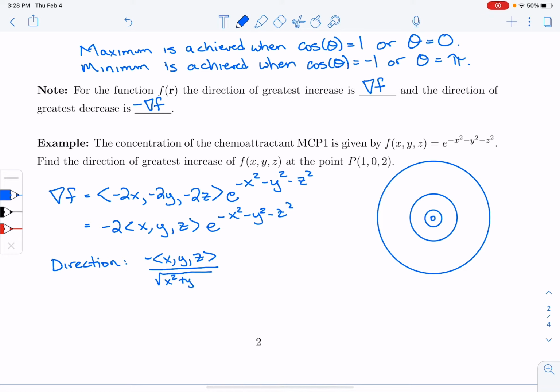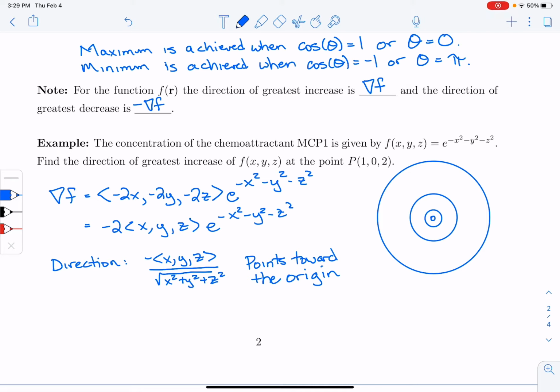So if you found the magnitude of the gradient of f, and then you divided the gradient of f by its magnitude, you would get this vector. And that's interesting because it points towards the origin. So in this sense, it's pointing towards the center of this function, e to the minus x squared minus y squared minus z squared. So it's pointing towards (0, 0, 0).